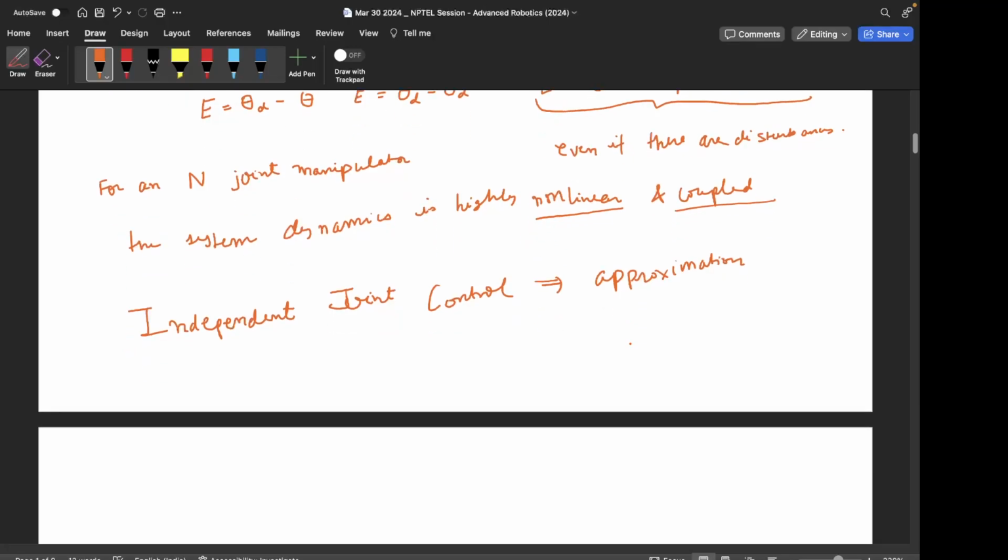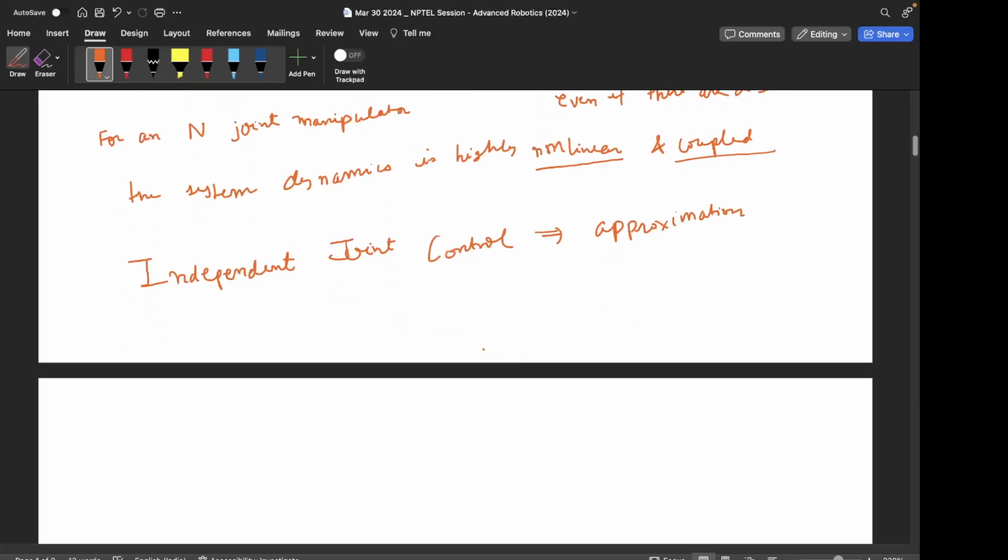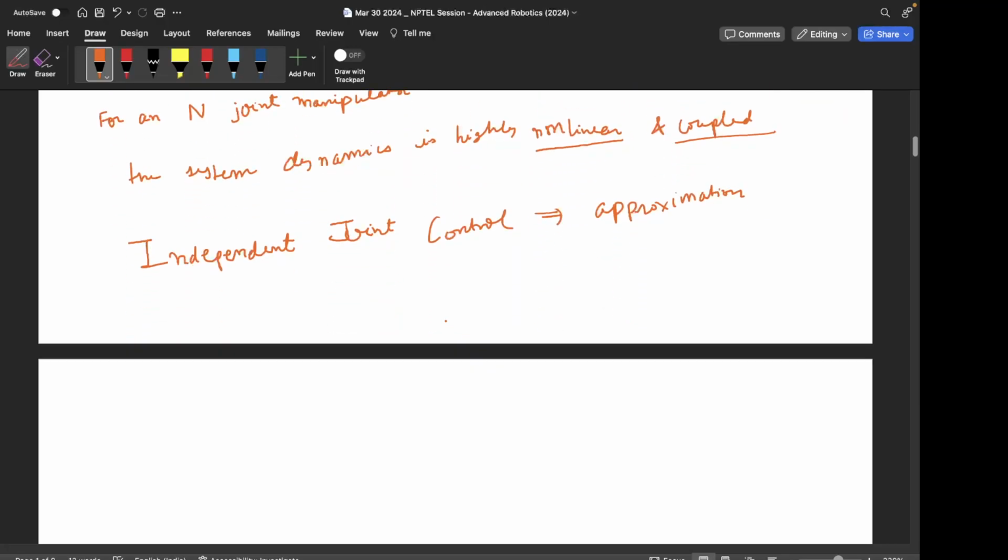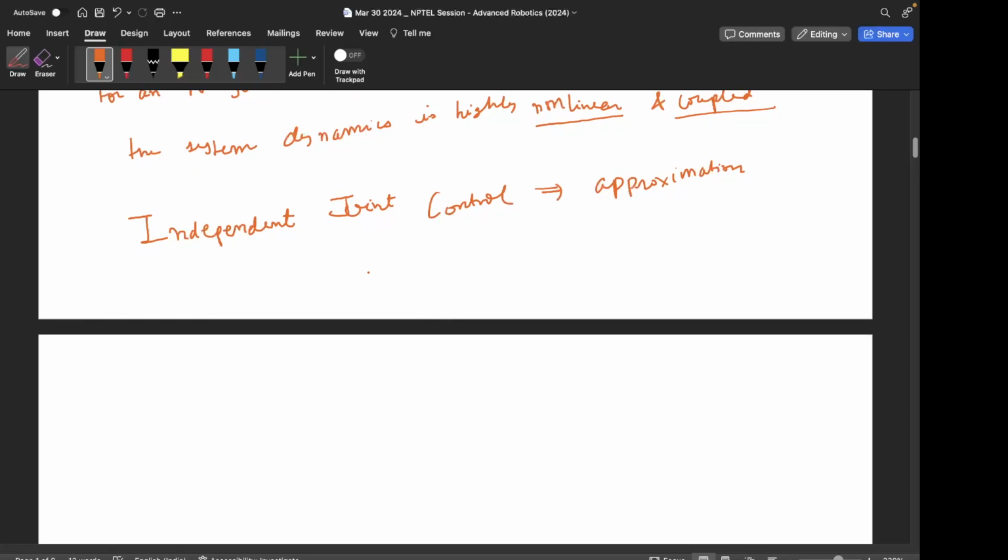So it's a valid approximation and works in many cases. So what we will now think of is that an n joint manipulator is equivalent to n single input single output systems, right? N SISO systems.